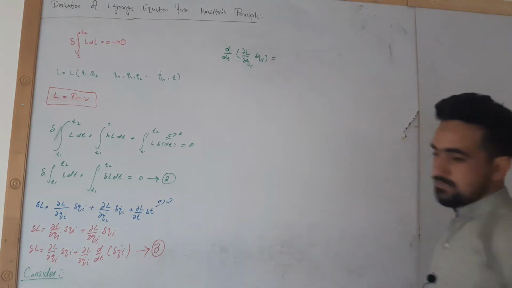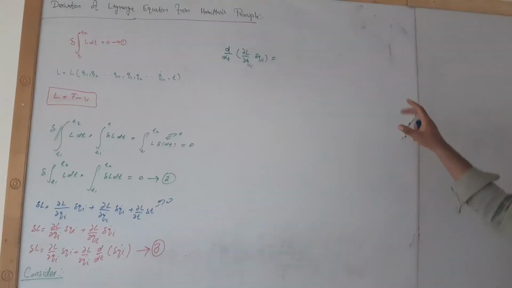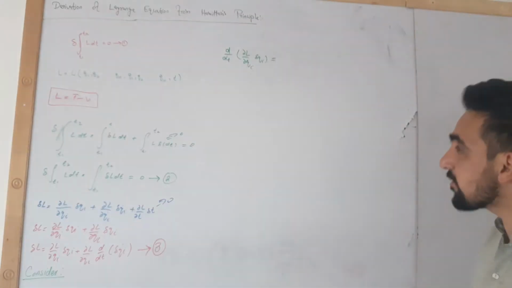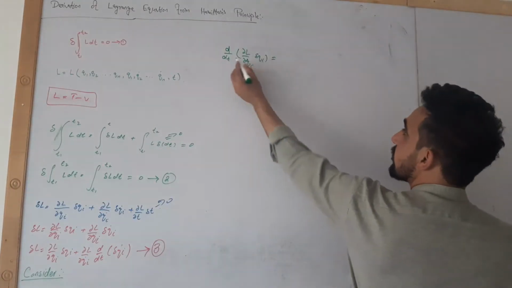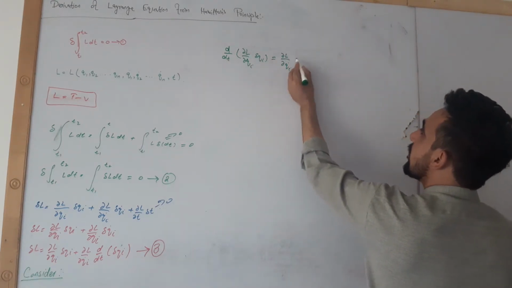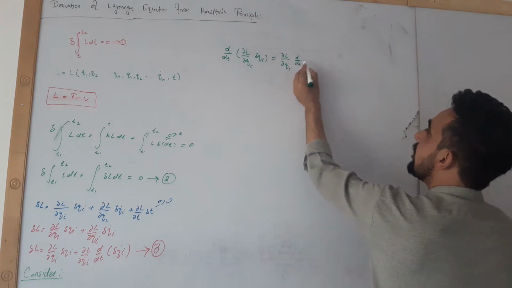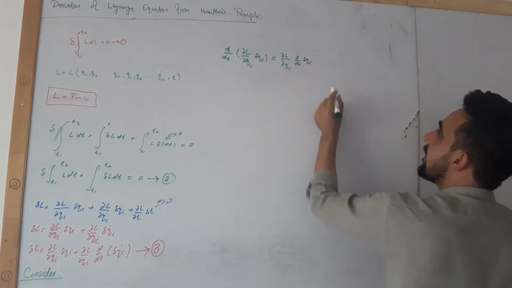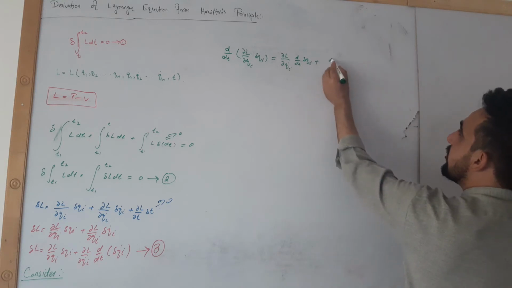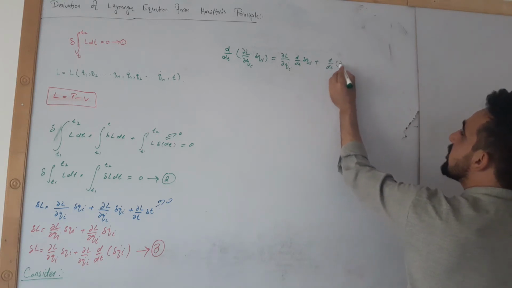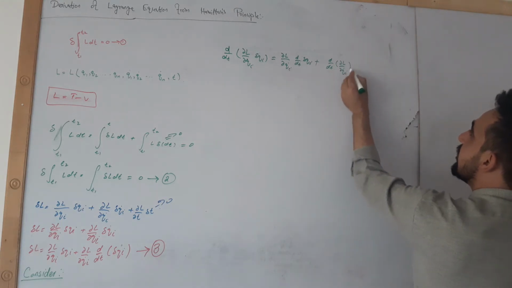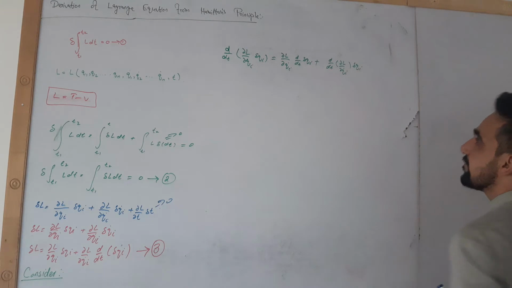Now this is a simple term of differentiation where you can apply the product rule, and according to the product rule this will become equal to partial L by partial qi dot d by dt of del qi plus d by dt of partial L by partial qi dot del qi.